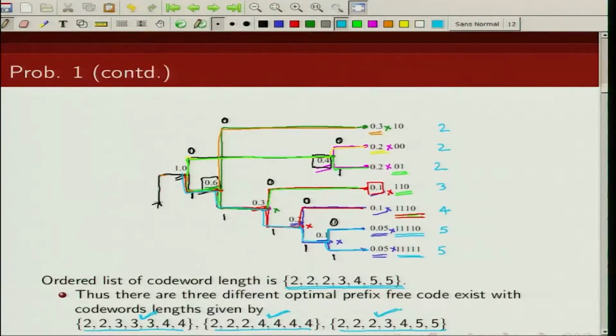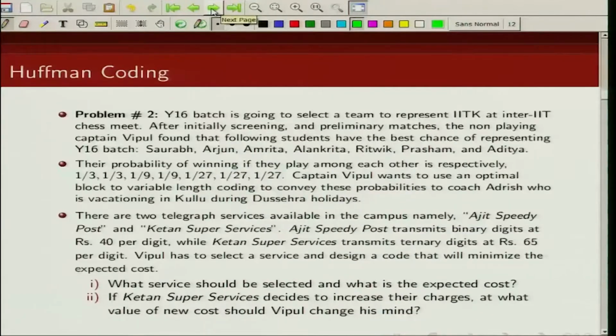So you can see for a source which emits this 7-ary random variable with these probabilities, there are fundamentally 3 different ways in which we can construct an optimal binary prefix free code. Okay. Now let's move to the next example.